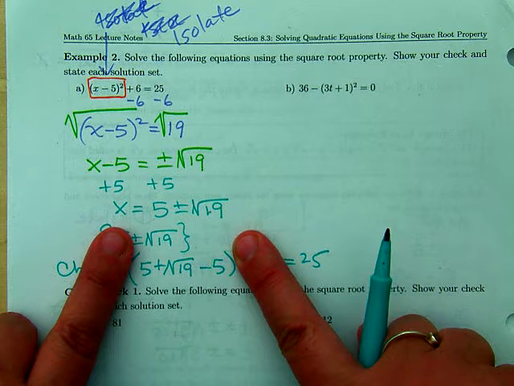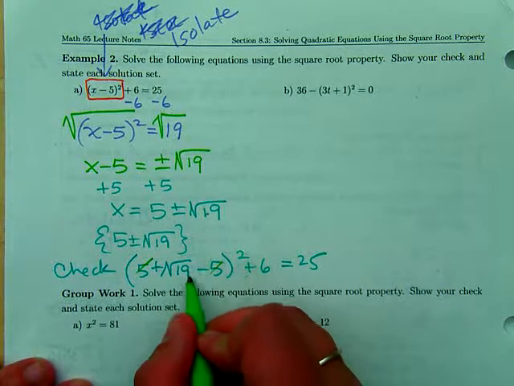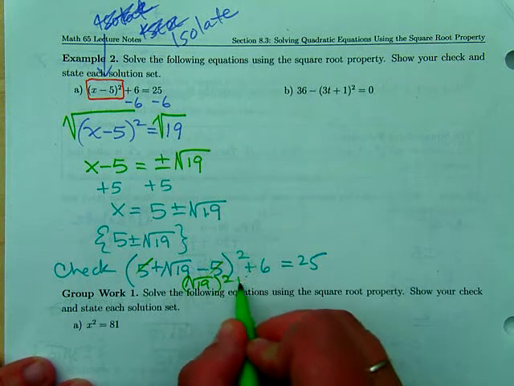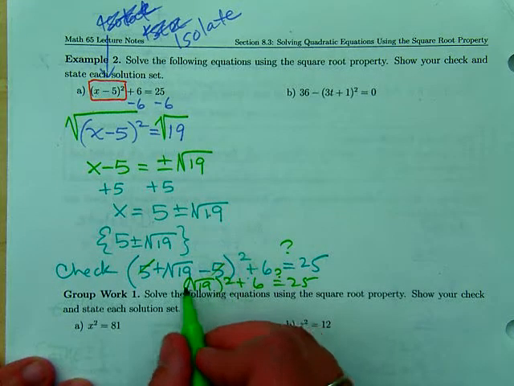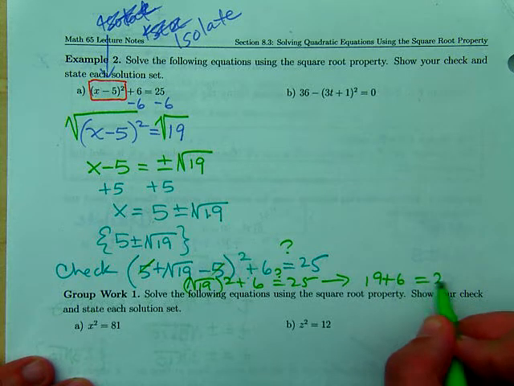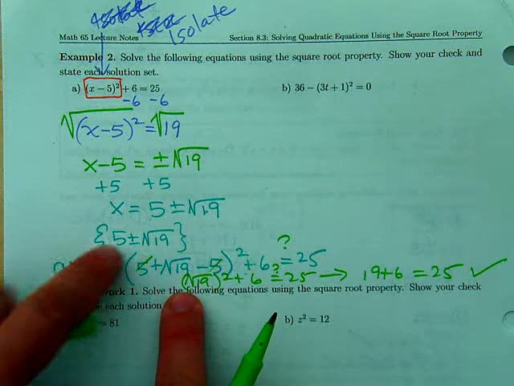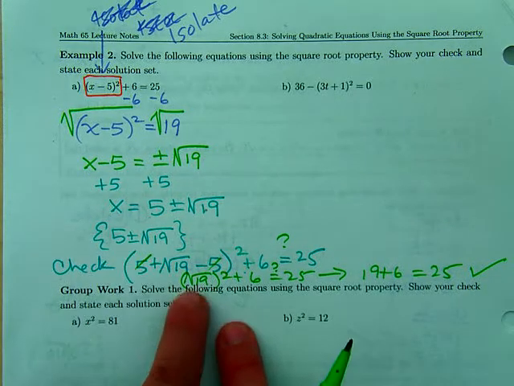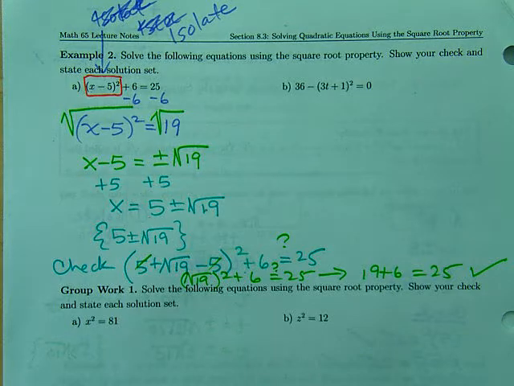What does that simplify to? Radical 19, right? So the 5's cancel. We have the square root of 19 squared plus 6 equals 25. Square root of 19 squared is 19. 19 plus 6 equals 25, so that works out. If I put the other one in, I will have a negative here. If I square a negative, I will still also get a positive.